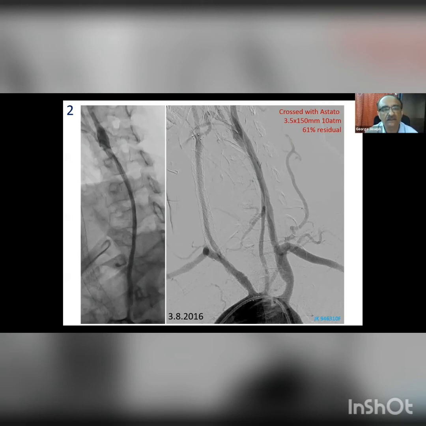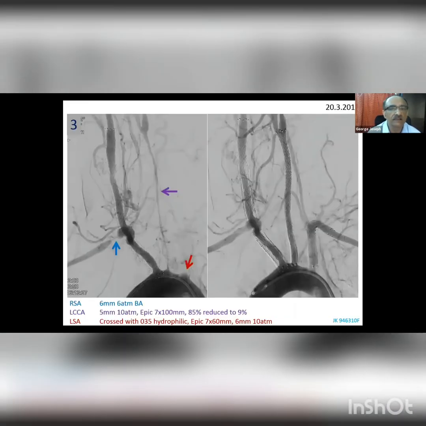And that was in August of 16. Then she came back in March of 17, and now a lot of changes have taken place. Our original innominate right carotid stent is doing fairly well, but she's now developed a new lesion in the right subclavian artery.